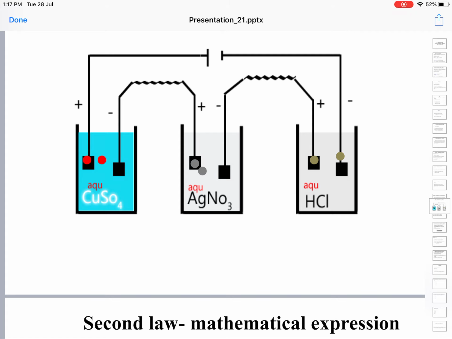So much variation: 31.75 here, in silver nitrate 108 grams, in hydrogen only 1 gram. Why so much discrepancy?